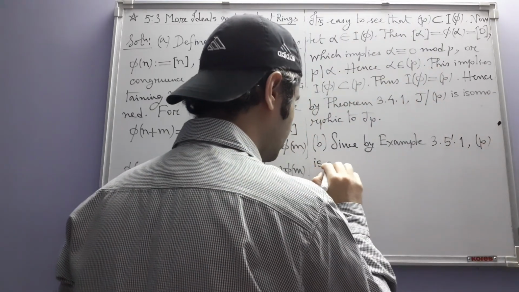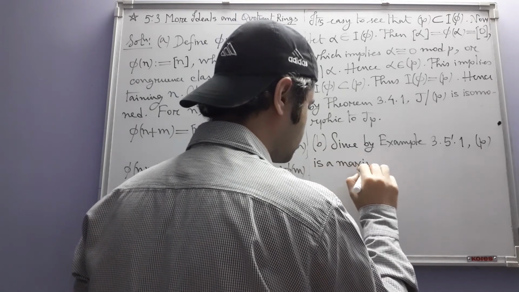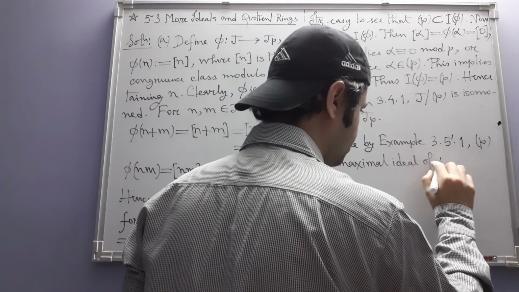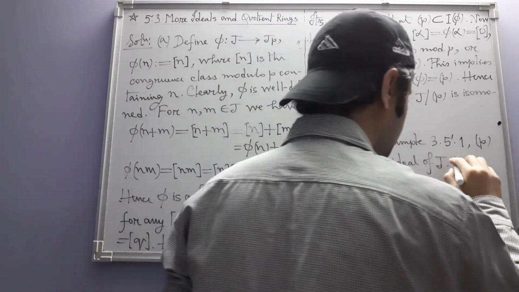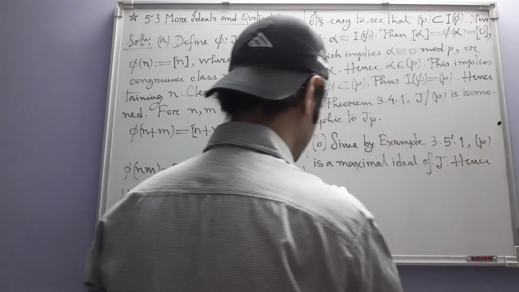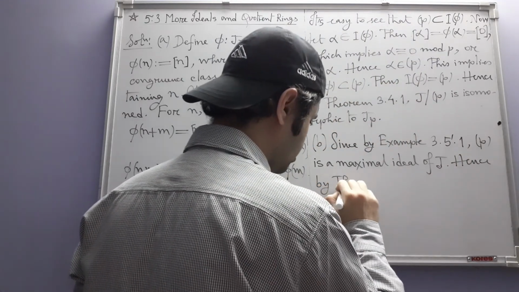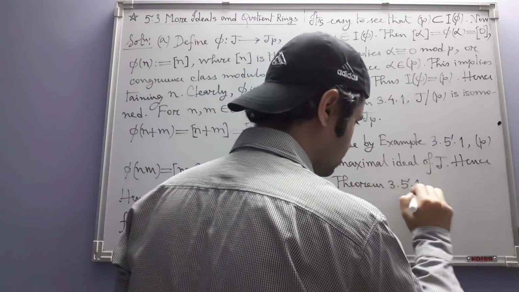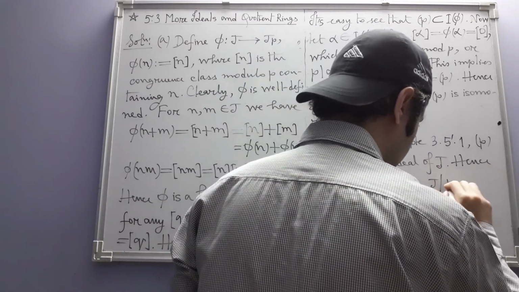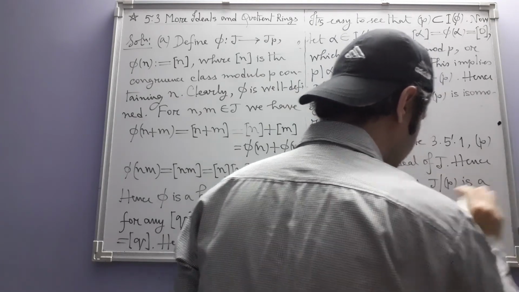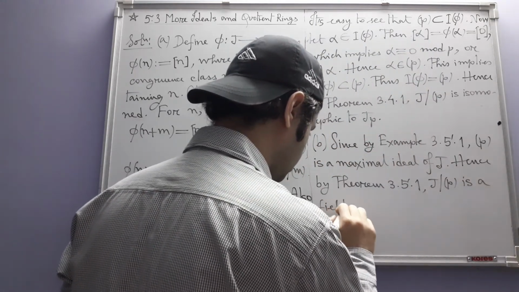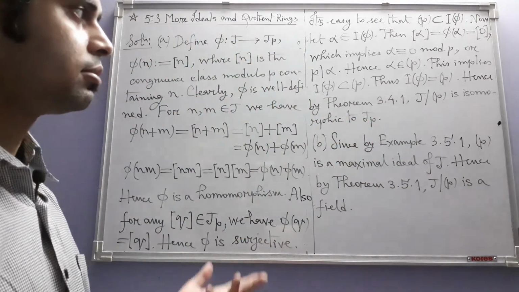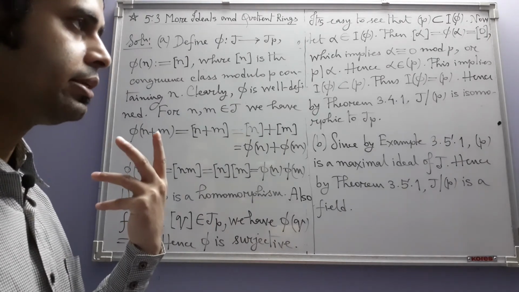This is a maximal ideal of J. Hence, by theorem 351, this quotient is a field. But since these two rings are isomorphic, ring theoretically they are actually the same thing.